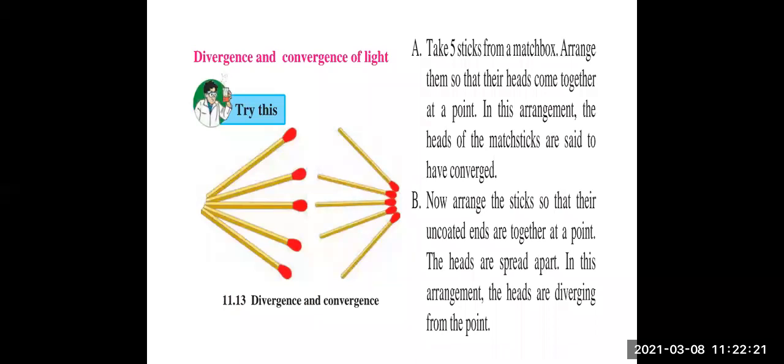Now arrange the sticks so that their uncoated ends are together. You can see that their yellowish uncoated ends are together at a point, and the heads are spread apart. You can see the 5 heads spread apart. Now in this arrangement, the heads are diverging from the point.